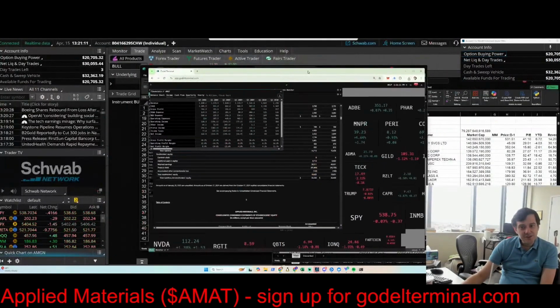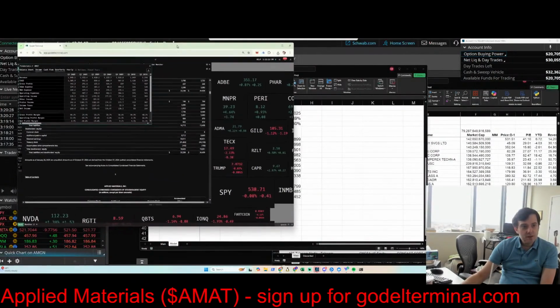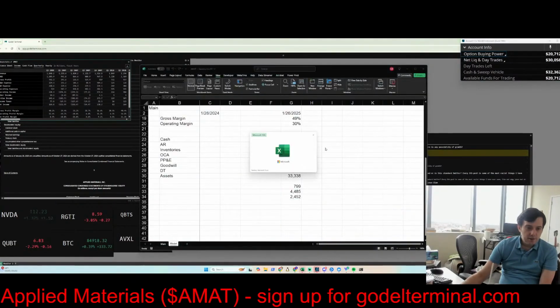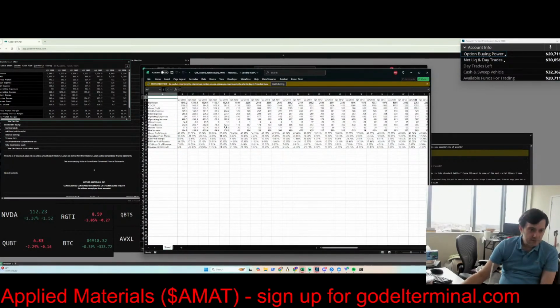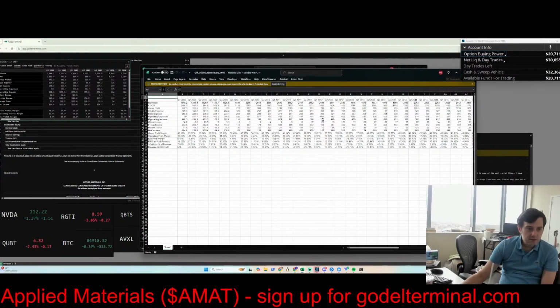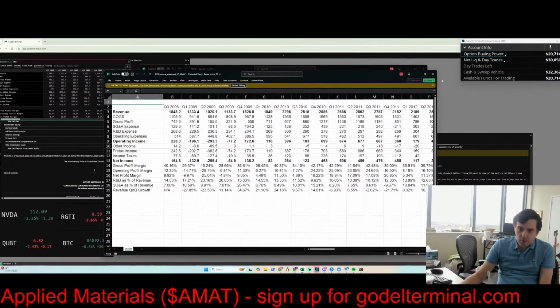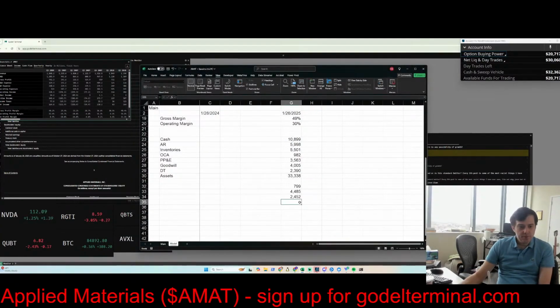So we downloaded to Excel. Now I'm going to open the Excel file, and there it is. It's ugly. It's a little ugly, but let me yell at my coworkers. It's really not that useful, Ryan.